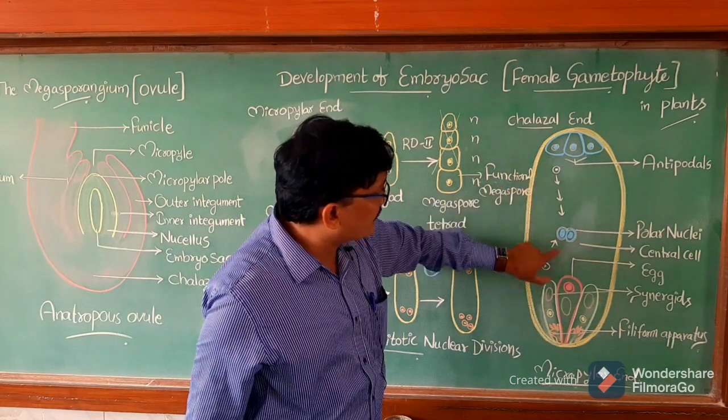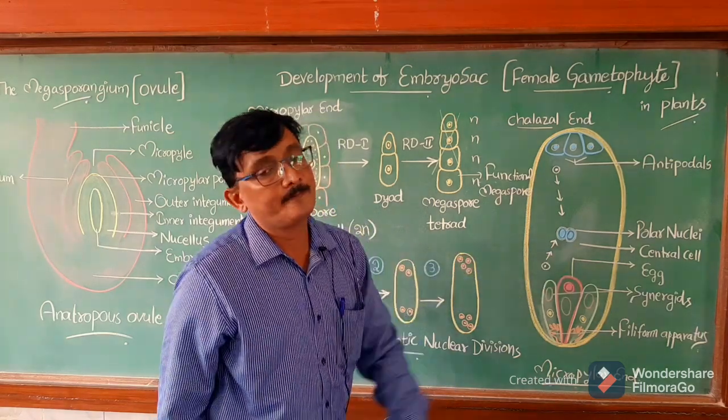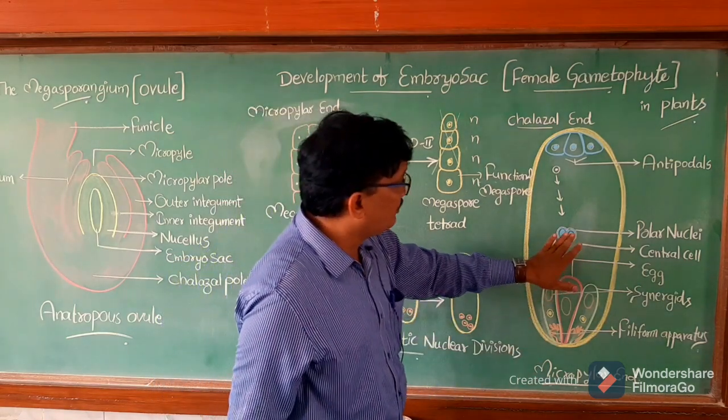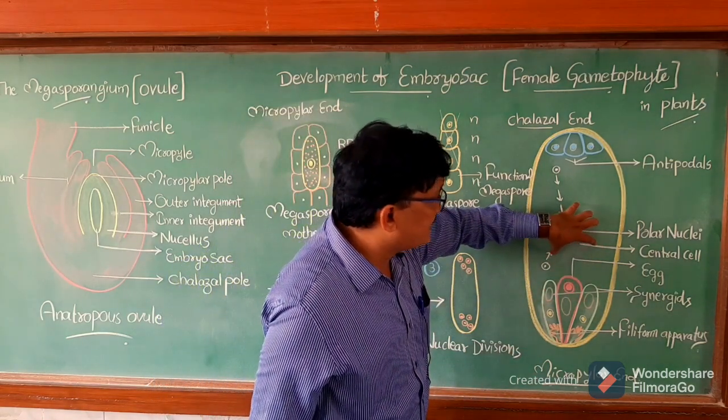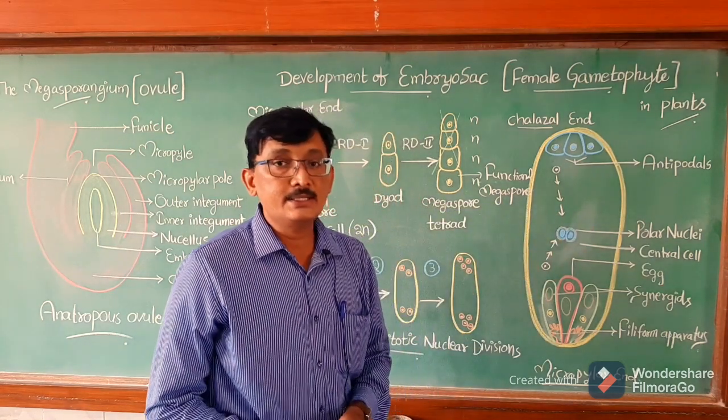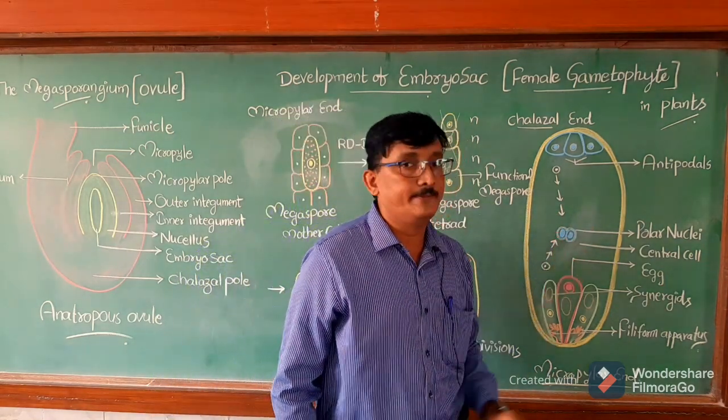These 2 nuclei are called polar nuclei, and this is called the central cell, consisting of 2 polar nuclei.